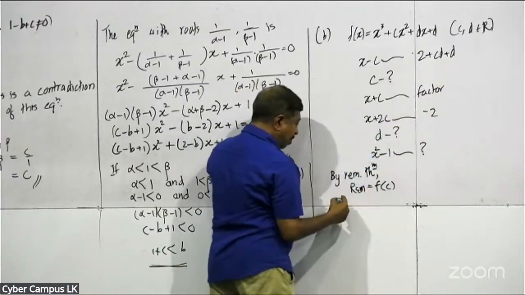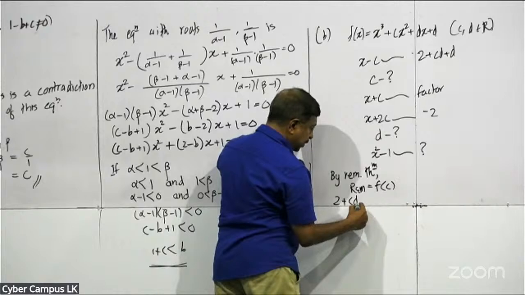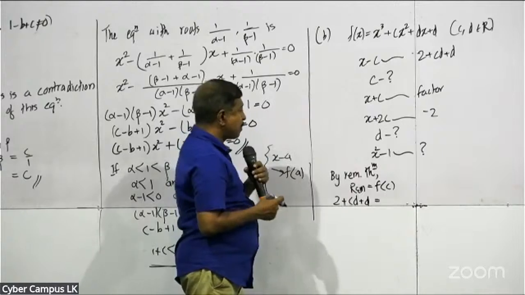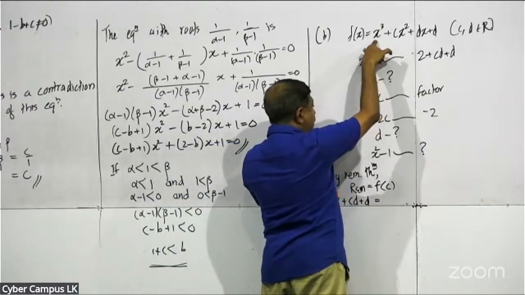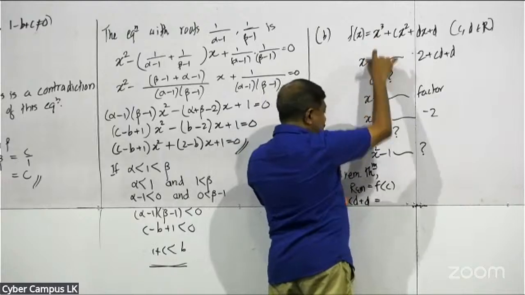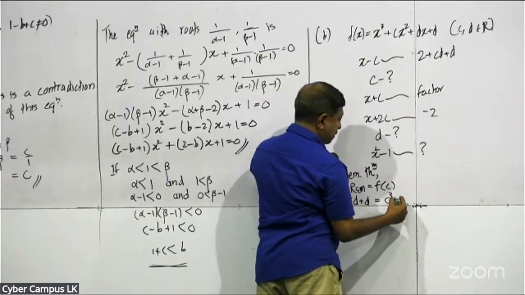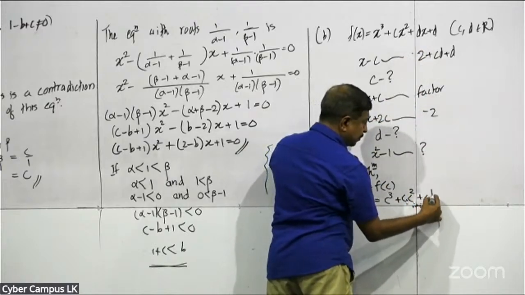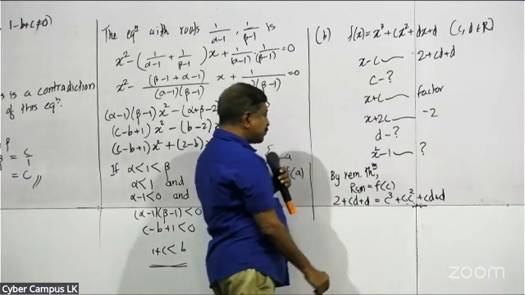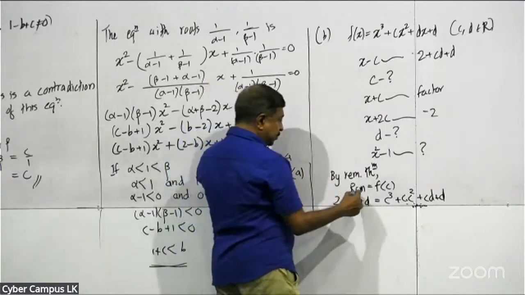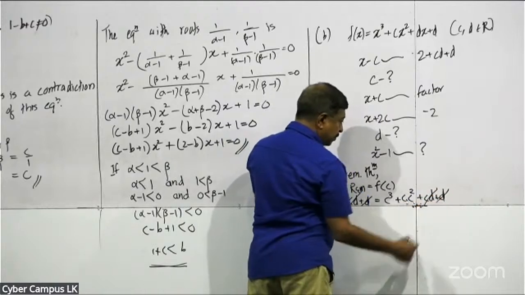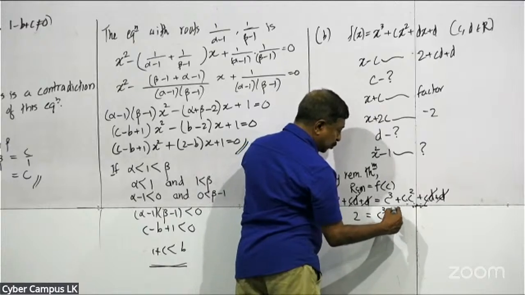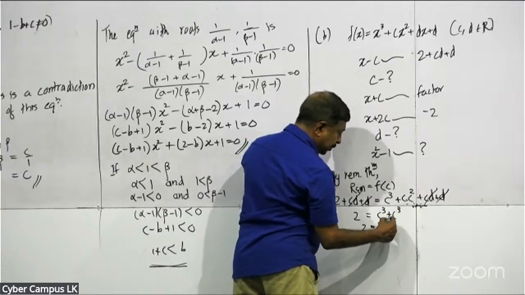It is given that the remainder is 2 plus cd plus d. f of c is c cubed plus c times c squared plus cd plus d. Now look, some terms will go away. You get 2 is equal to c cubed plus c cubed. So 2 is equal to 2c cubed.